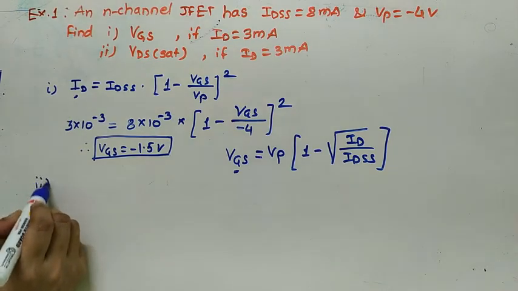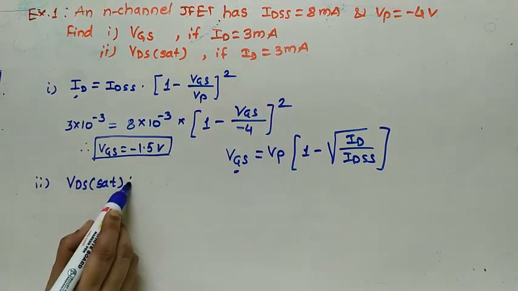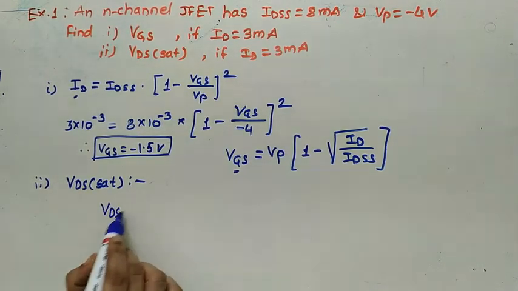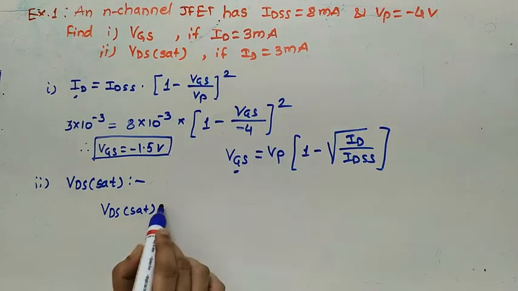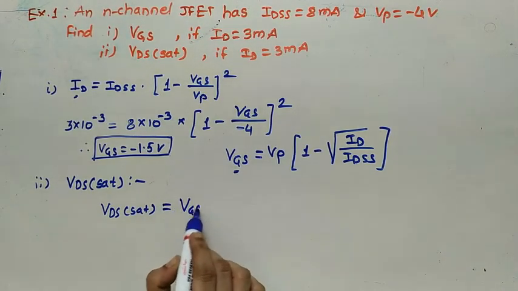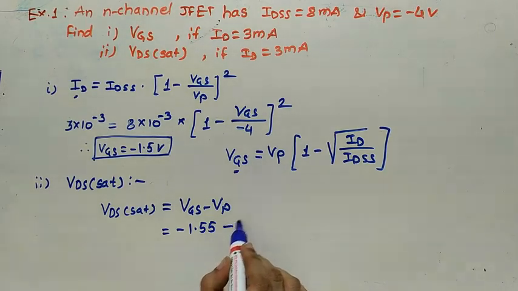Secondly, we have to find the value of VDS sat. The formula for VDS sat, meaning the saturation level value of drain to source voltage, is given as VGS minus VP. So VGS is equal to minus 1.55 and pinch off voltage is minus 4.